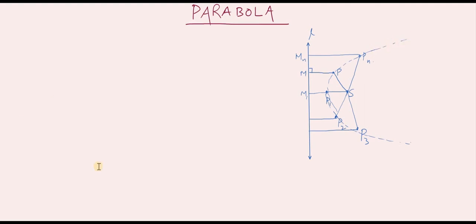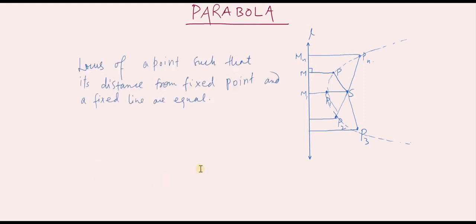Now let us write the definition of a parabola. The parabola can be defined as the locus of a point such that its distance from a fixed point and a fixed line are equal, as we have already seen while drawing this diagram.